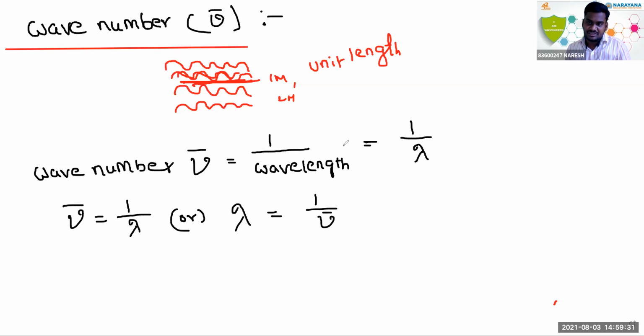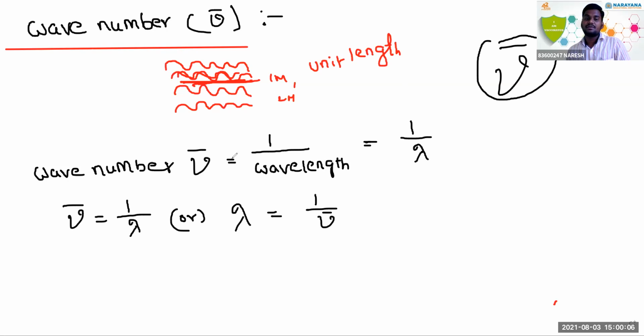So the wave number definition: the number of waves that can be present at any time in unit length is called wave number, which is denoted by nu bar.